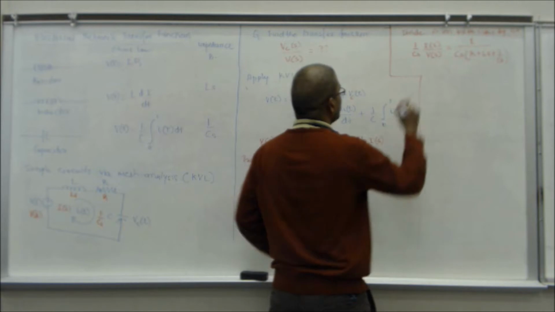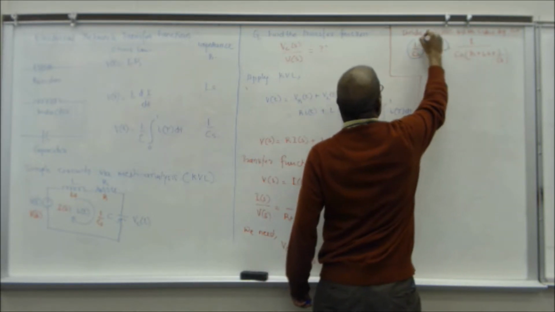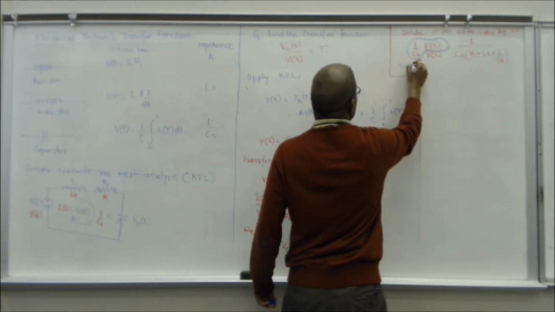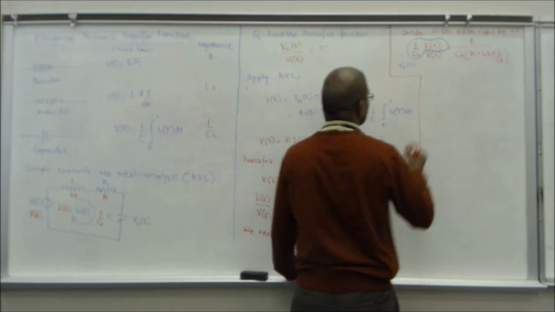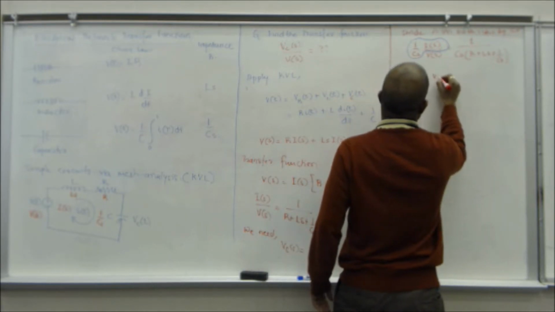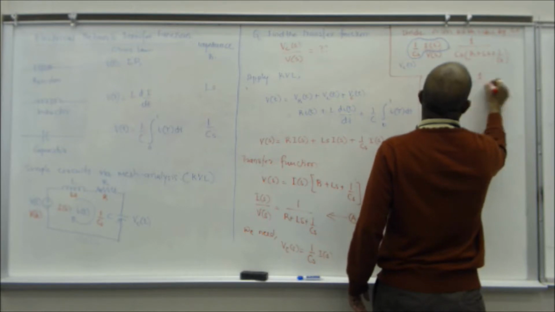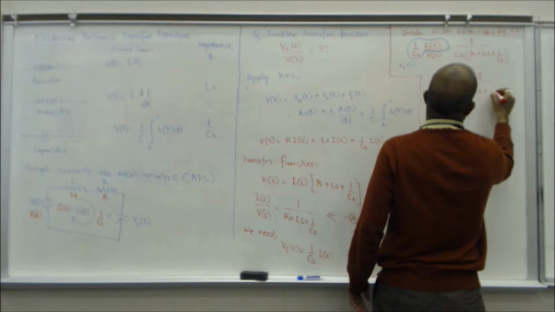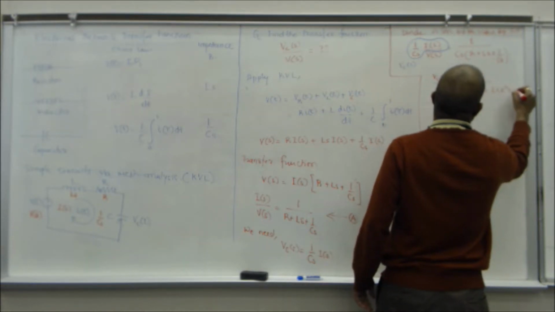Now, what is this term? It is VC(s), right? What we have is VC(s) over V(s) equal to 1 over RCs plus LC s squared, plus 1.